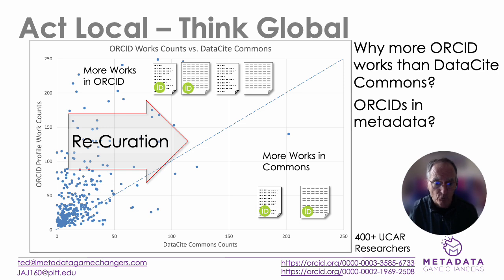And actually, UCAR is working now with their data set records, which there are quite a few of, to add ORCIDs into those records. And in that case, the dots for those researchers will migrate to the right, and we'll get closer to the desired result of having the points on the equality line. In other words, having data sets that are independent of the data journey.